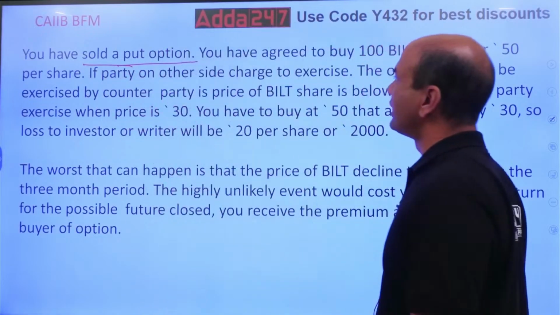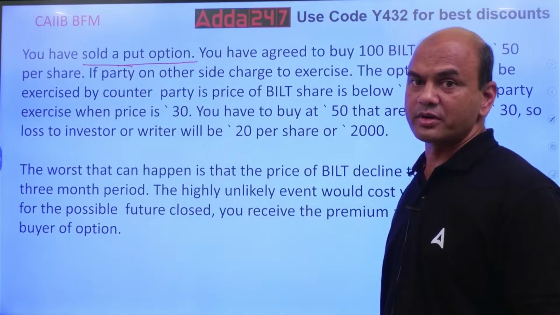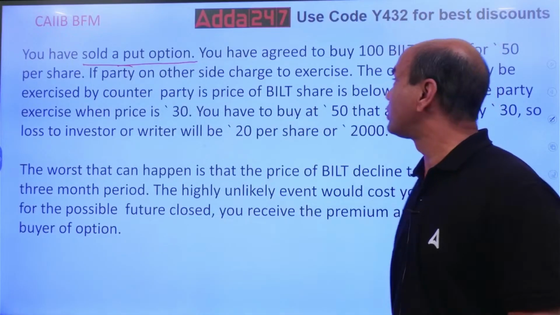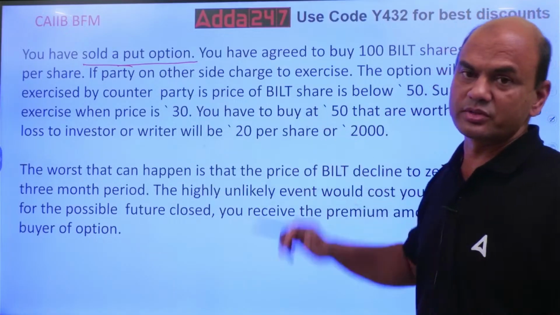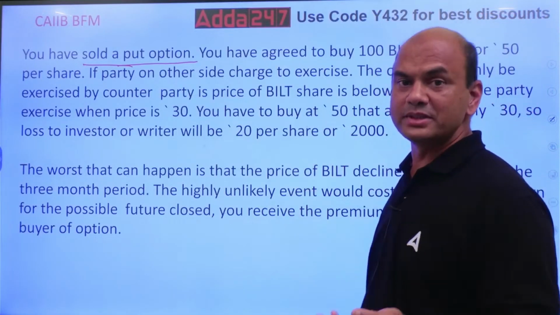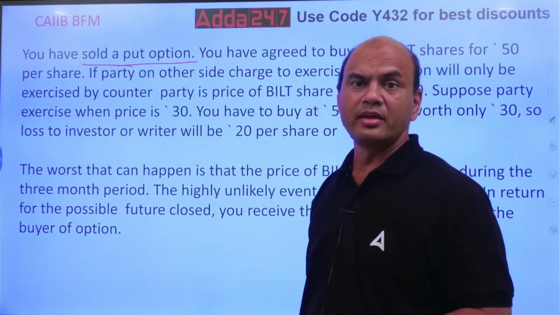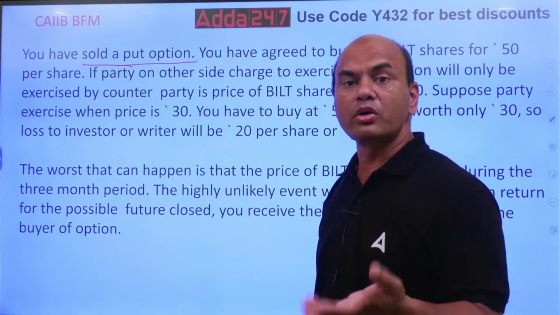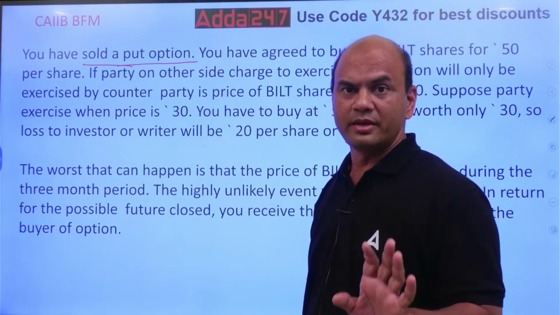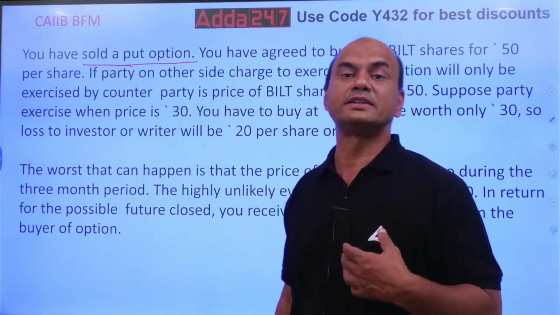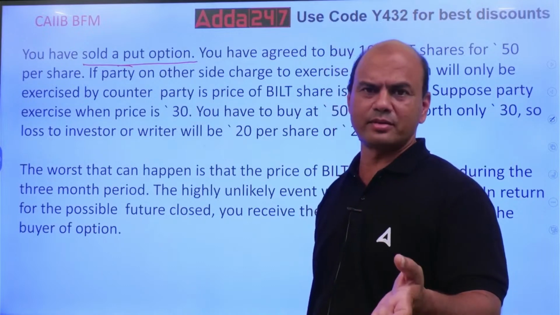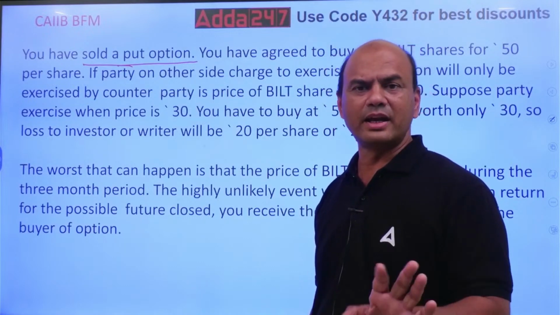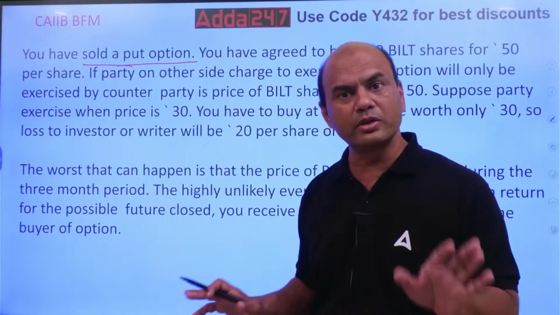You have agreed to buy. Sold the put option means what? You have agreed to buy 100 Bilt shares for 50 per share. Whenever you are selling, what do you mean by that? That this share price will not go below 50. Whenever I sell the put at 50, I am telling the person next to me that this share price will not go below 50.